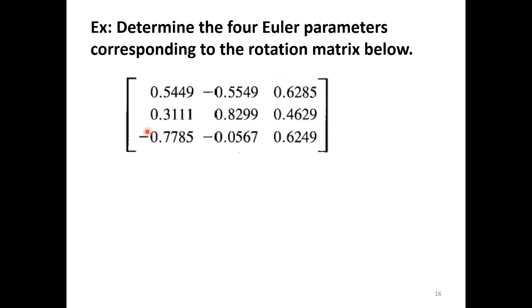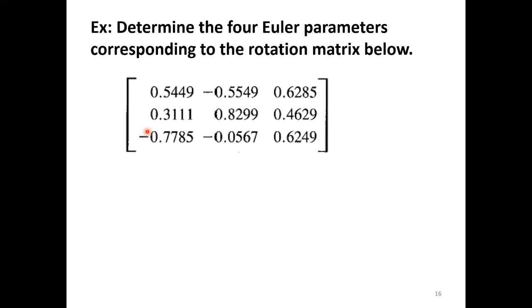So I'm giving you this one as another homework. You don't have to submit it to me, but do it yourself. Determine the 4 Euler parameters corresponding to the rotation matrix below. So you have a rotation matrix. And I can add to this: why don't you calculate alpha, beta, gamma, the 3 Euler angles for this rotation matrix?